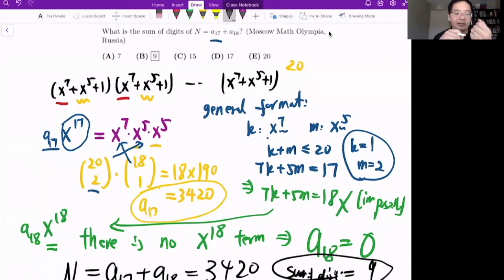That's x to the 7 times 2 copies of x to the 5. That means if we expand that out, we need to choose which two we are going to use for the x to the 5, and which one we are going to use for the x to the 7. The remaining we just take to be 1. So that's just a combination problem, right? 20 choose 2, and then 18 choose 1.